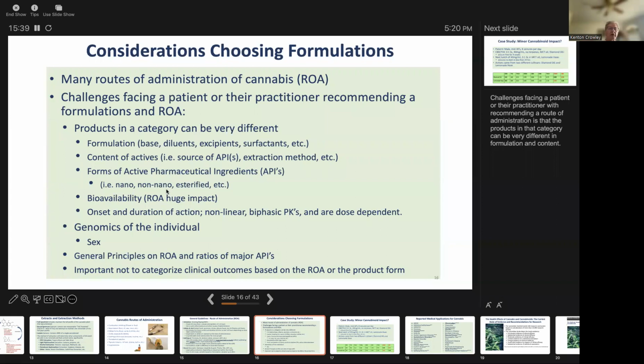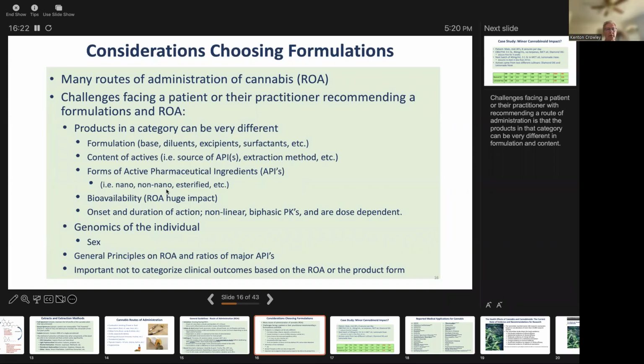So this makes an already complicated product delivering medication even harder to guess at unless you really understand the formulation and the actives and whether they have been mechanically or chemically modified, which currently many of the active forms in the market now can have, chemical or mechanical modification, which will change their bioavailability substantially.